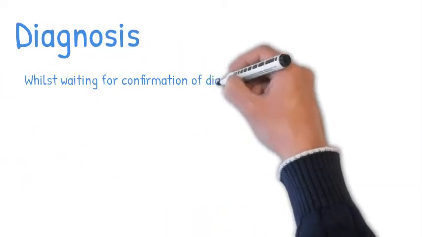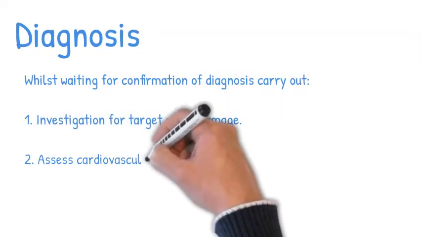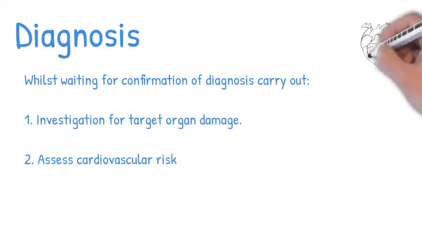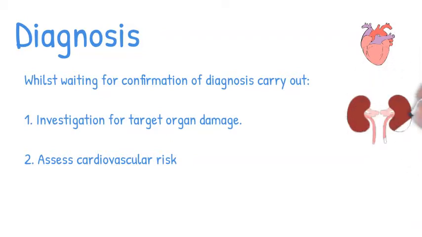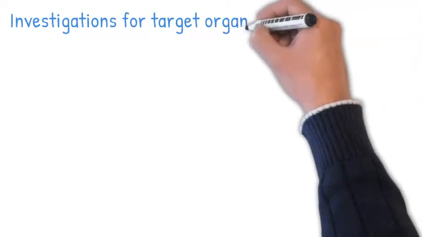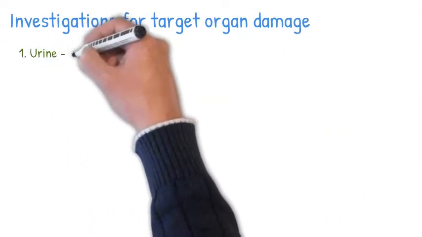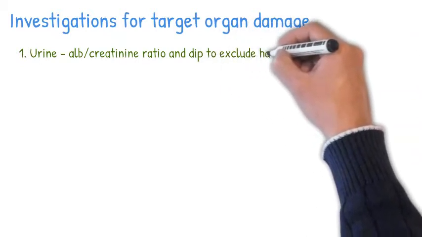You've arranged for this person to have some further blood pressure measurements. Whilst waiting to confirm the diagnosis of hypertension, you should arrange some investigations to look for target organ damage and also assess their cardiovascular risk. The recommended investigations to look for target organ damage are as follows. Looking at the urine, you should arrange for an albumin-creatinine ratio.